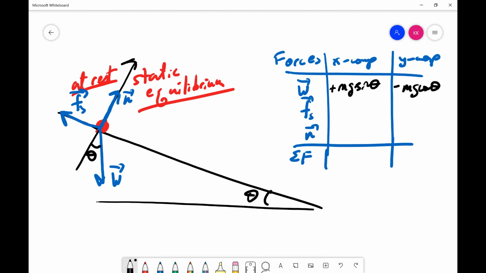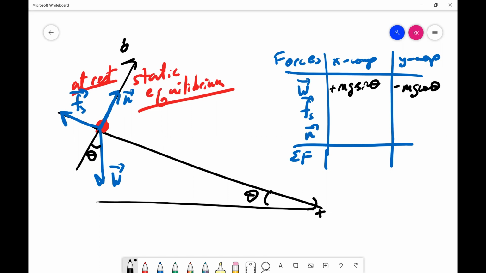Well, think like this. When your system is in equilibrium, in a way, it doesn't matter how you take your positive or negative coordinate system. But let's say what I will do here, I will take down as positive for x and up as positive for y.